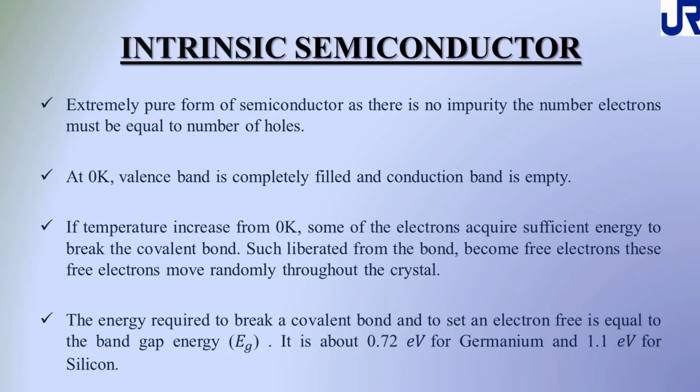How does this occur? The electrons in the valence band are in covalent bonding. So when we increase the temperature, the covalent bond will break. After a certain temperature, the covalent bond will break and the electrons become free electrons, and they move randomly throughout the crystal, and move to the conduction band.